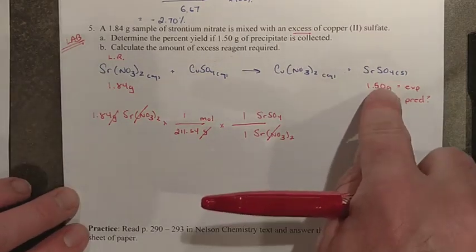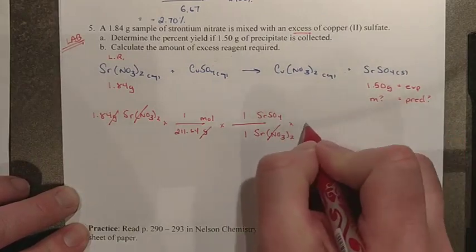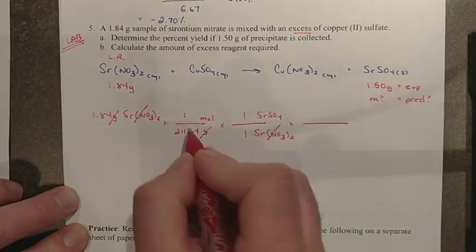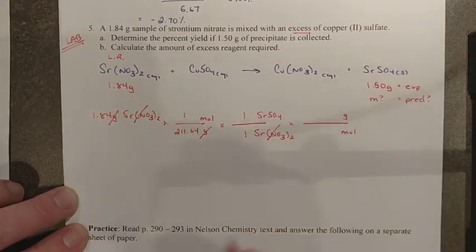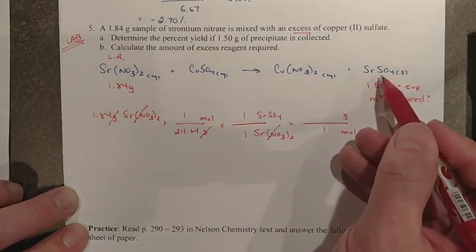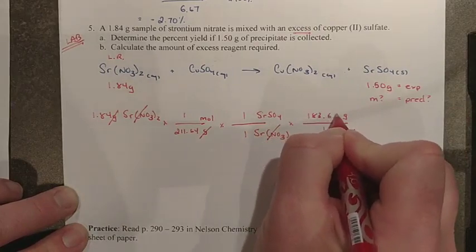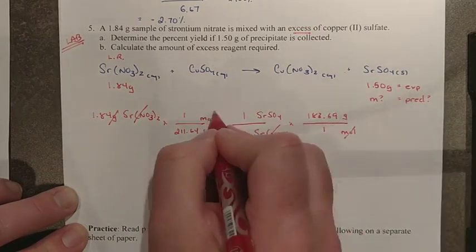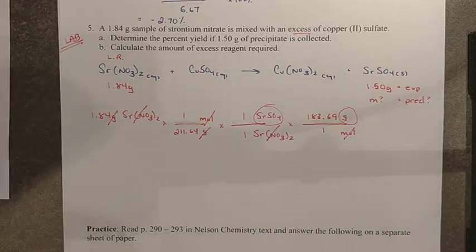The problem is, to compare to 1.5 grams, we need to get this into a mass, so we need one more conversion. And so moles now have to go on the bottom, grams up top. 1 mole of strontium sulfate now should weigh 183.69 grams on the scale. Moles cancel, and you have grams of strontium sulfate.